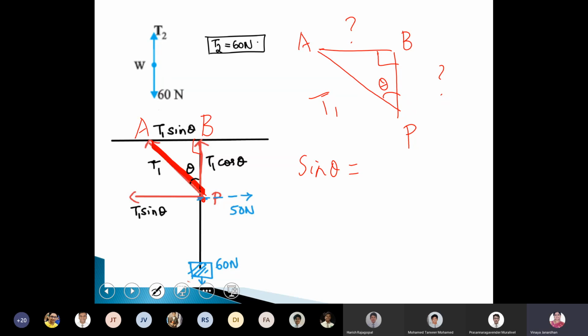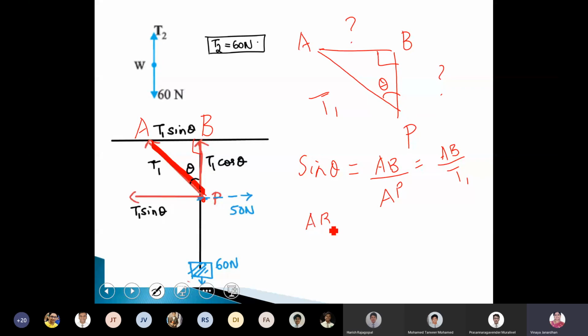AB, ma'am. Okay, AB divided by the hypotenuse, which is AP. So AB divided by AP. What is the measurement of AP? AP is T1, correct?